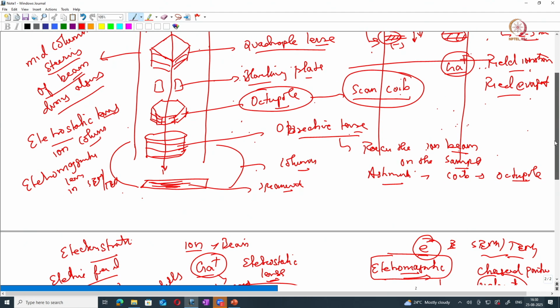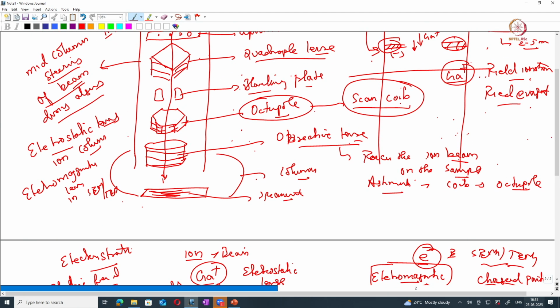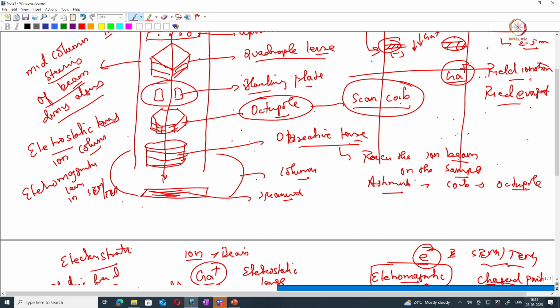Now after the lenses, you will also have the blanking plates. I talked about these blanking plates, correct? During sputtering, when these ions interact with the sample surface, your sample is getting removed. But if you don't want the ion beam to interact with the sample at a certain instant, then you can use these blanking plates.